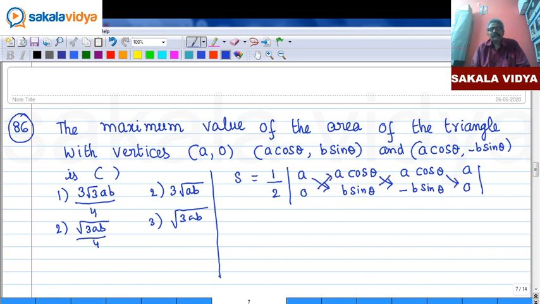So this direction is plus, this direction minus. So you will be getting mod of ab sin theta minus 0 minus ab sin theta cos theta minus ab sin theta cos theta.